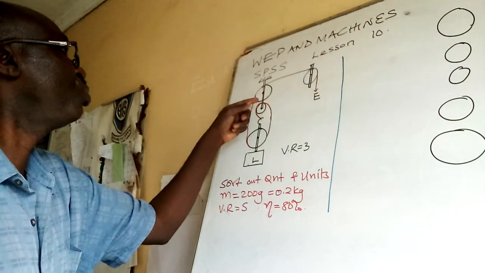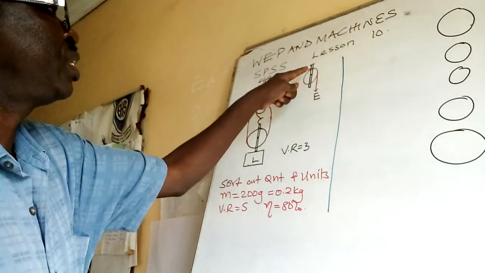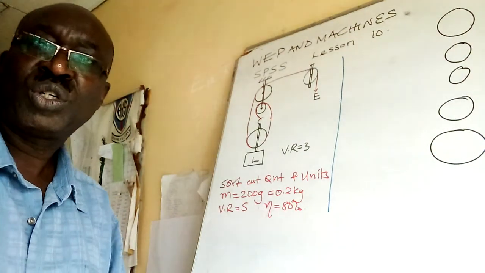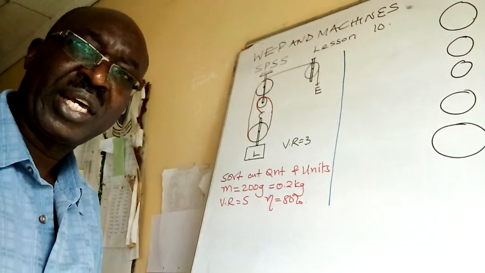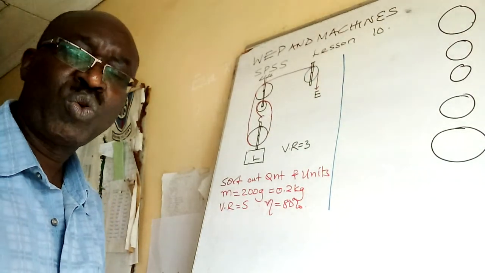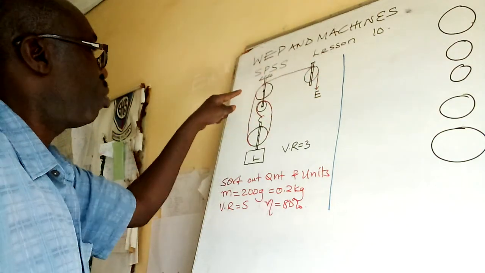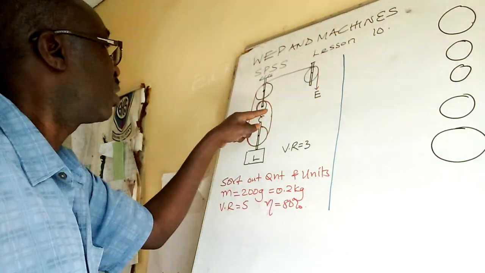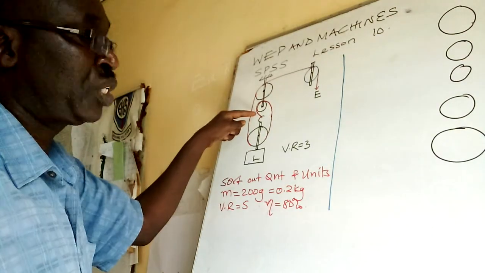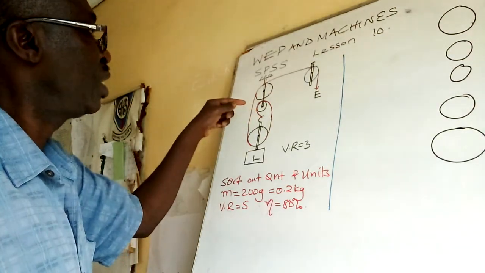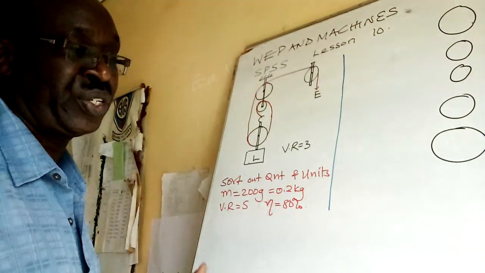I have 1, 2, 3, 4 pulleys, okay? And I've put the rope around them so that you may understand what I mean. If you put this rope around the way I have shown, it will be hooked between the lower pulley and the upper pulleys.